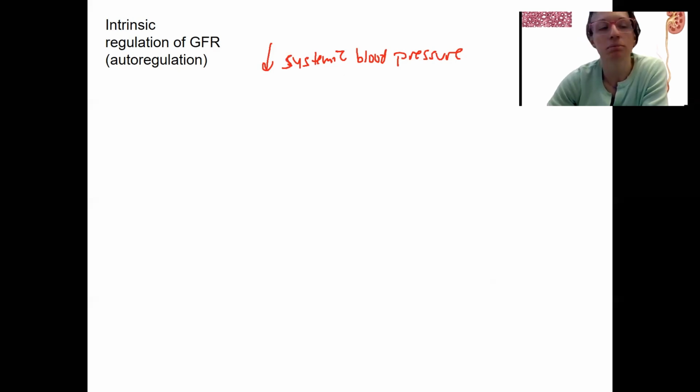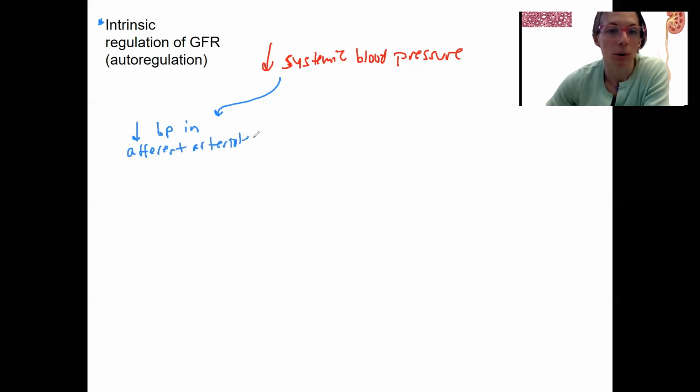That's their goal. So decreased blood pressure is going to result in decreased blood pressure in the afferent arterioles, right? This is going to reduce filtration rate. We're actually decreasing hydrostatic pressure in the glomerular capillaries, reducing net filtration pressure, and reducing GFR.